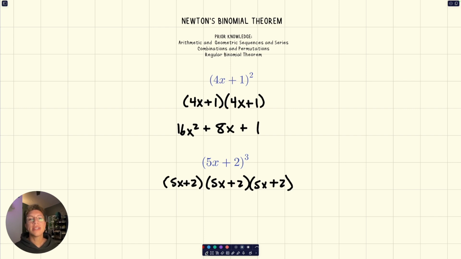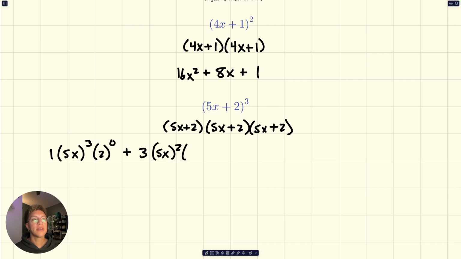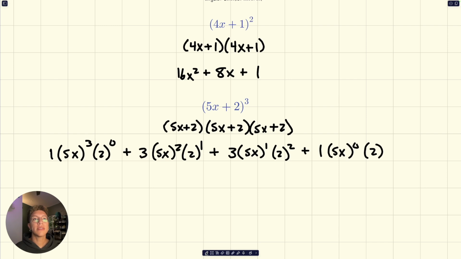What we recognize is that if we were to expand this out fully, our full expression would be 1 times 5x raised to the third power times 2 to the 0th power, plus 3 times 5x raised to the second power times 2 raised to the first power, plus 3 times 5x to the first power times 2 to the second power, and then finally 1 times 5x raised to the 0th power, and 2 raised to the third power, like that.